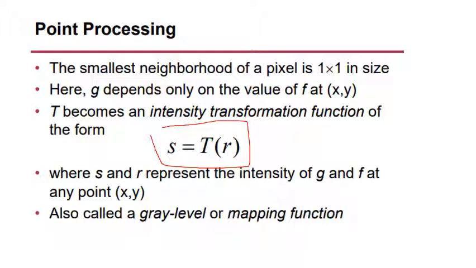The intensity at x comma y, that is f of x comma y, let it be R. Now we are applying some transformation T on that R and finding a new intensity value S. This kind of mapping, that is from R to S, is known as a gray level mapping function.